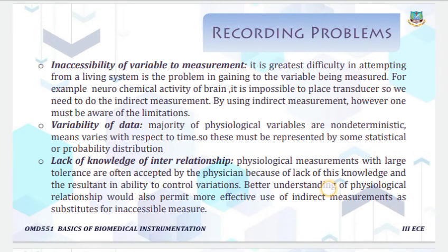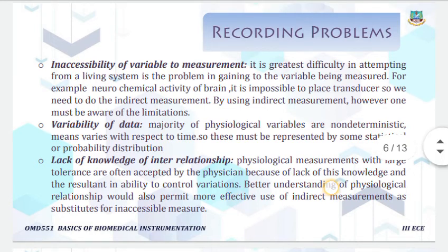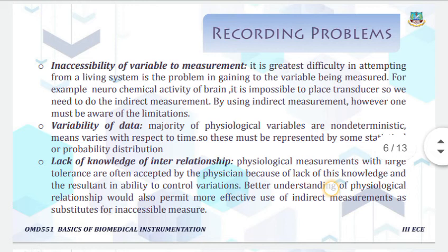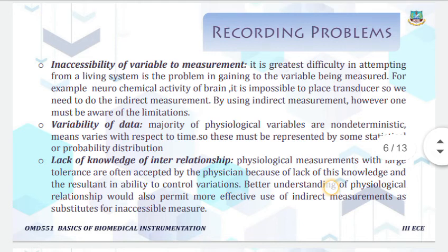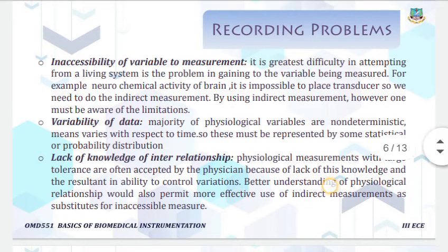Inaccessibility means we are not able to access the variable for the measurement. There is greater difficulty in attempting measurements from a living system, in gaining access to the variable being measured. Sometimes there will be some difficulty in accessing the variable for the measurement. This is the main recording problem.